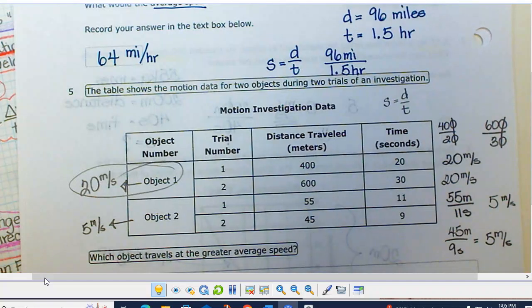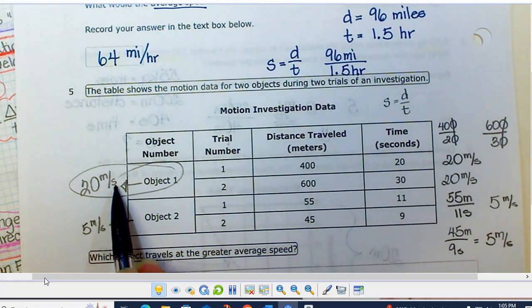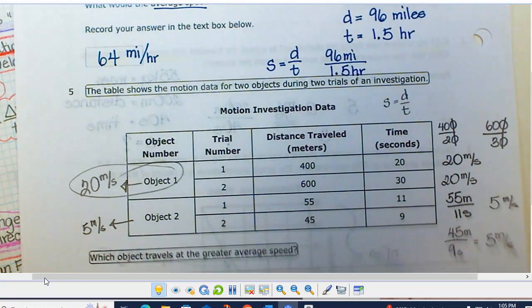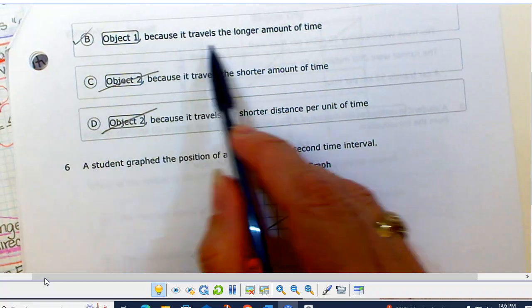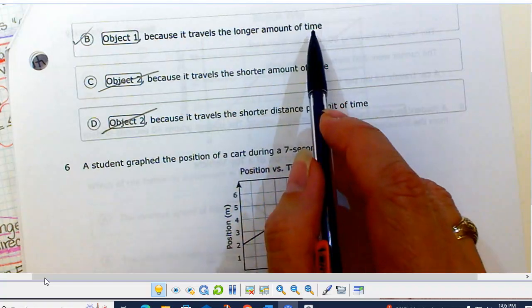Object 1 is faster because it travels the greater distance per unit of time. What it's saying is it's traveling 20 meters every second versus object 2, which is only traveling 5 meters every second. So that sounds pretty good. It's probably the correct answer, but let's double check. Object 1 because it travels the longer amount of time.